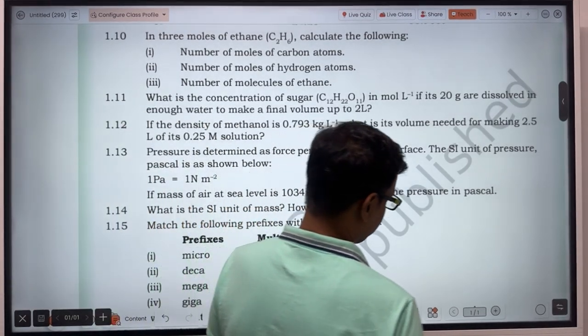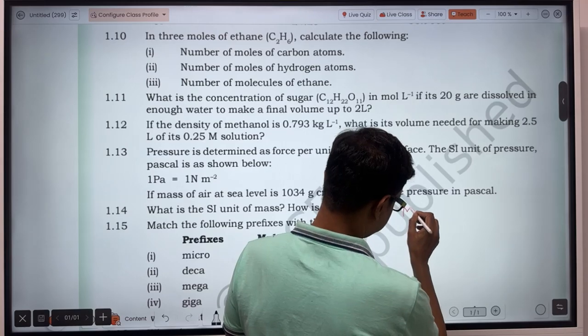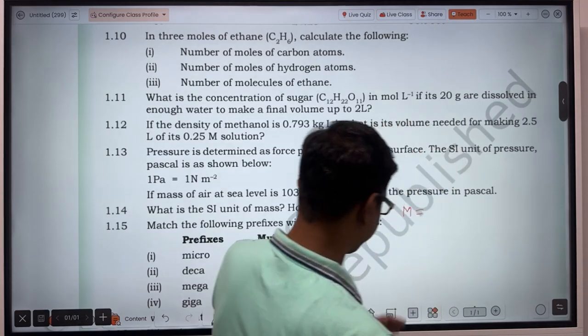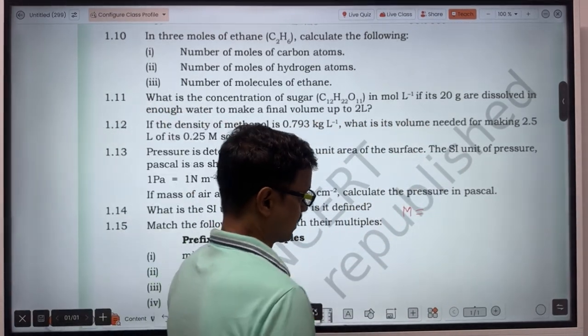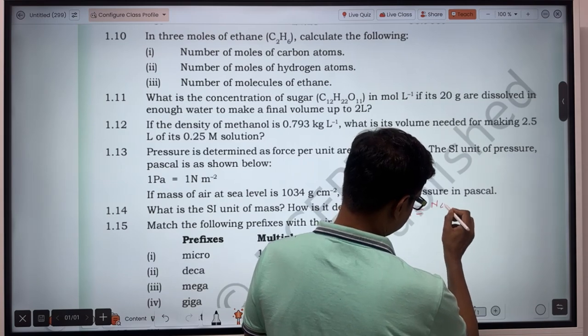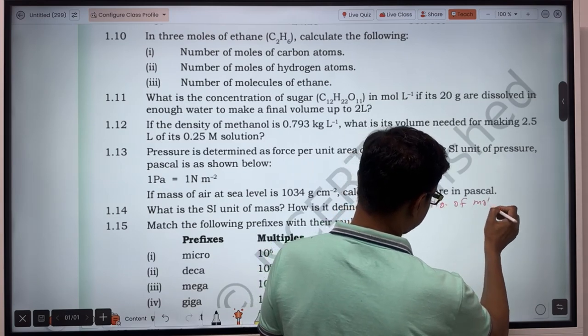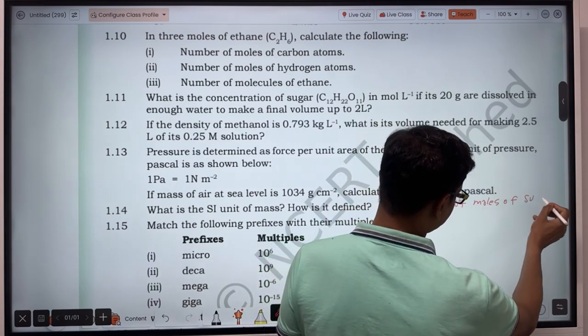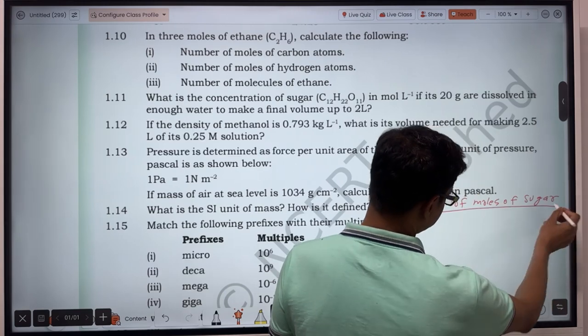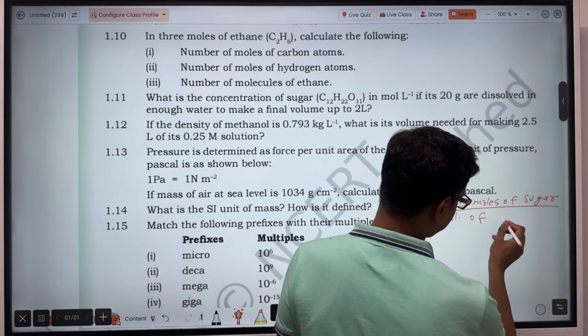There is 20 gram of sugar. Molarity is equal to the number of moles of solute, here the solute is sugar, upon the volume of solution.